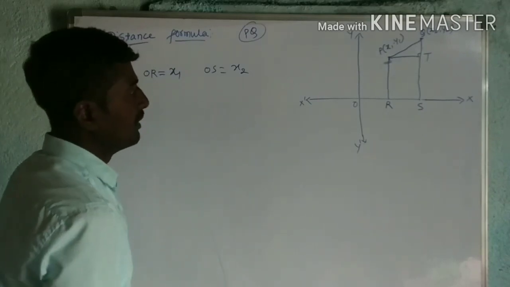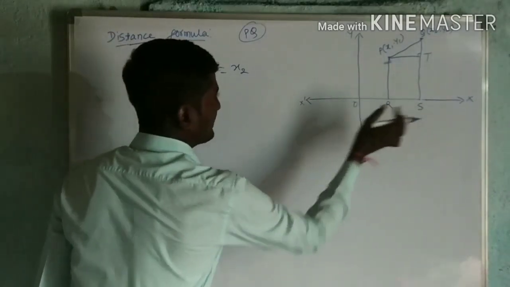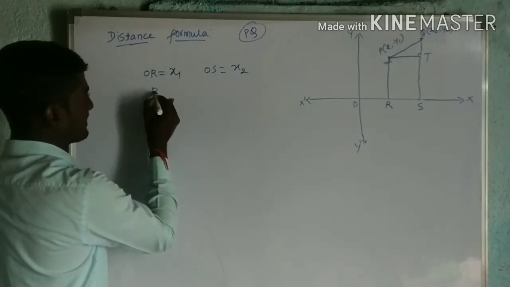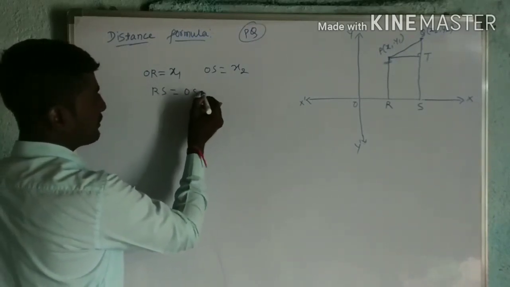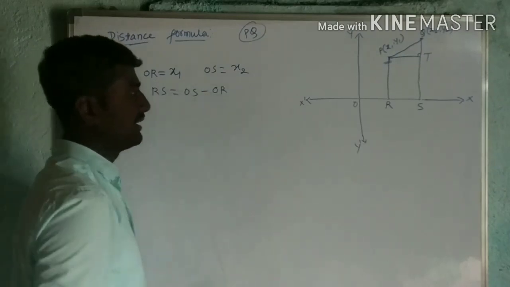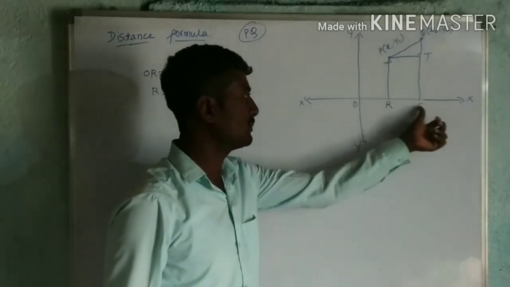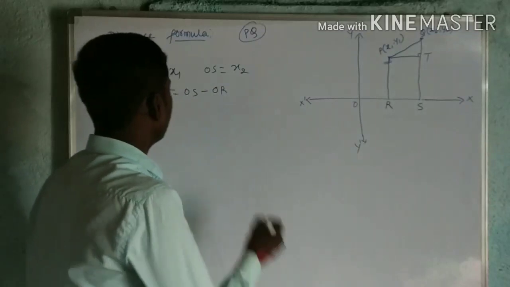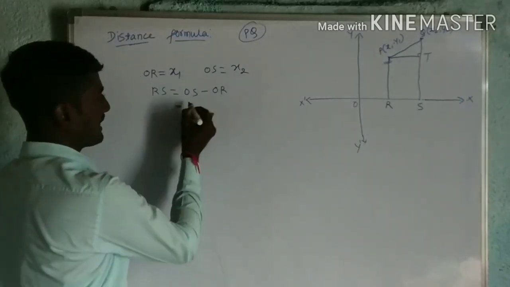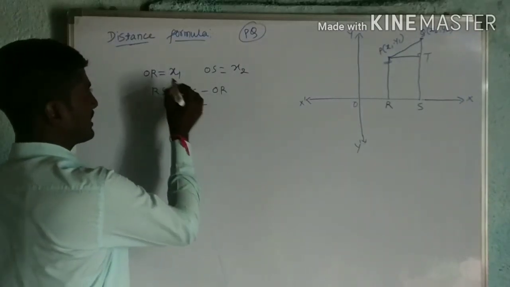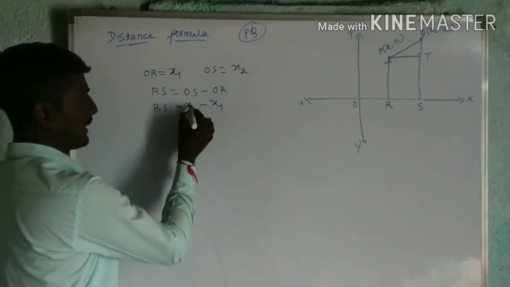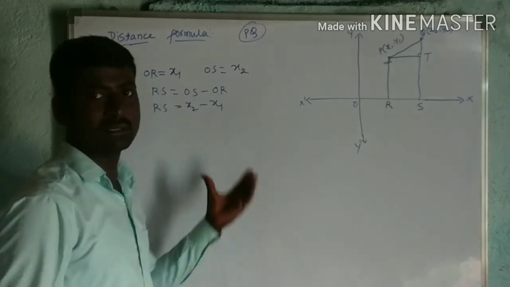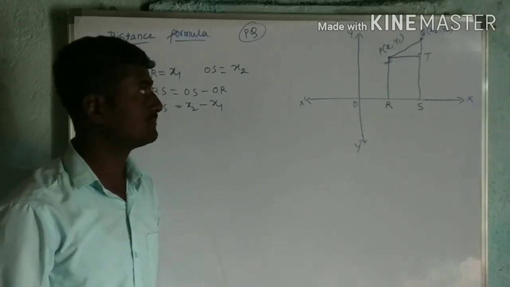Similarly, what is RS? RS can be written as OS minus OR. Now OS is known, that is x2, minus OR is known, that is x1. So RS is nothing but x2 minus x1.